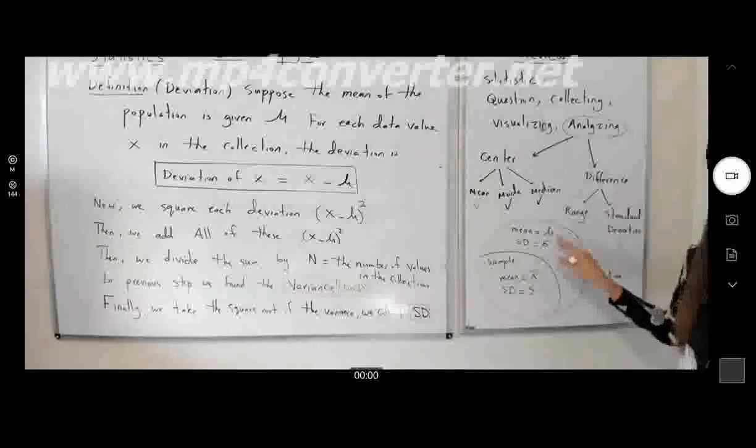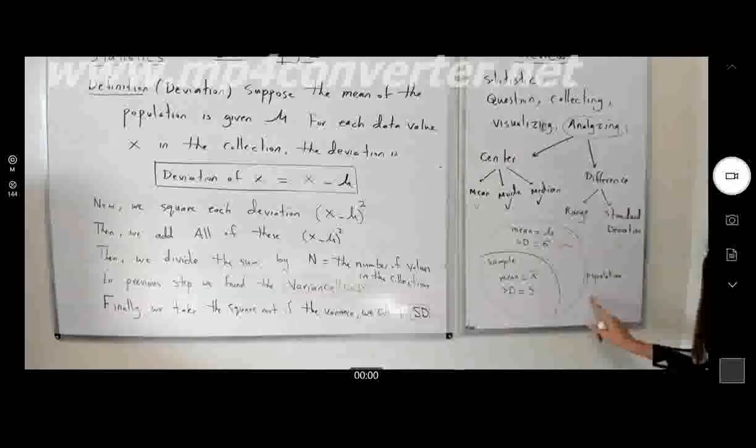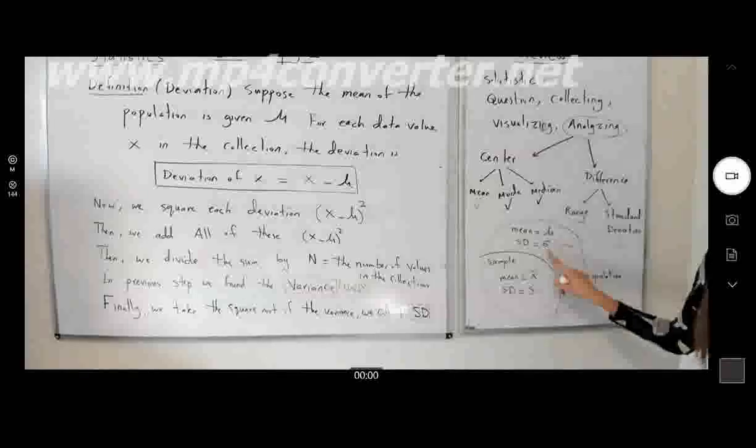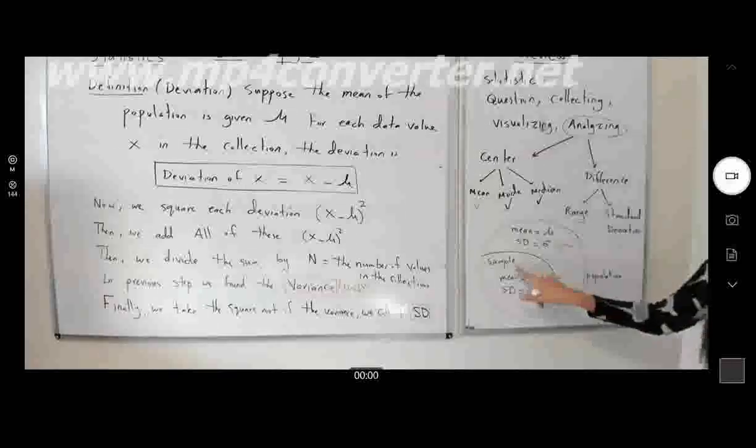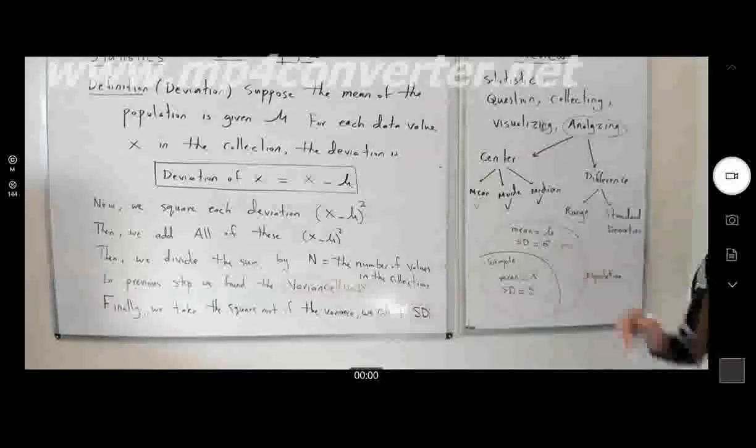If you use mu, it means that you're working with your population. When you're using sigma, it means that you're working with your population. Of course, x bar represents the sample and S also represents your sample.